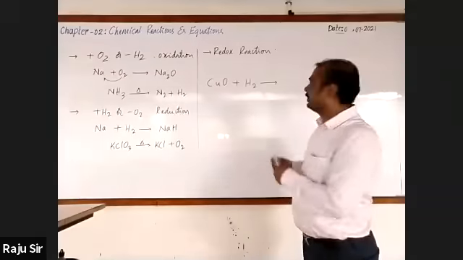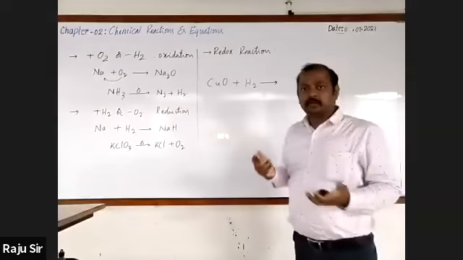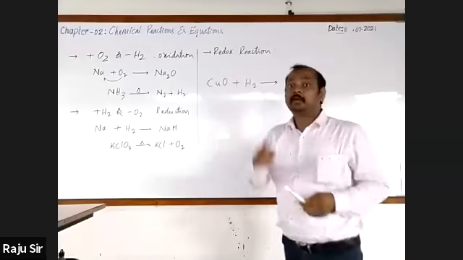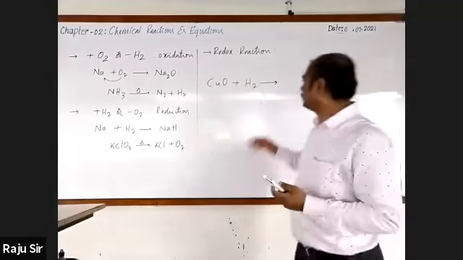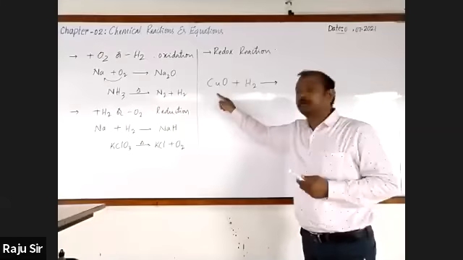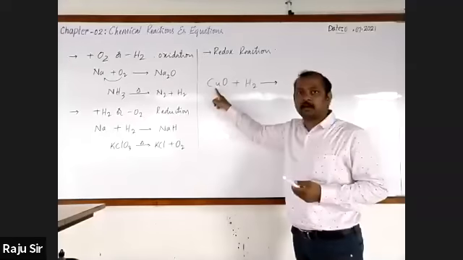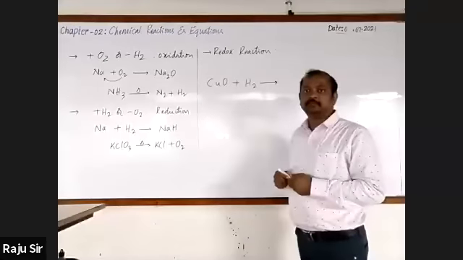Observe. Here, as we have already got information regarding reactivity series, where the metals are arranged in the decreasing order of their reactivity, you can come to know that hydrogen is more reactive than copper. Therefore, it can displace the copper from copper oxide.